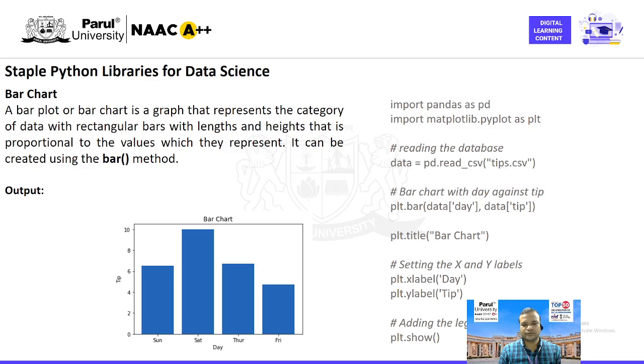Simply, you just use the bar function because you want to display it in bar form. The main code will be the same, except in place of the scatter or plot function, we use here the bar function only. So you can see here the bar chart against tips and day.